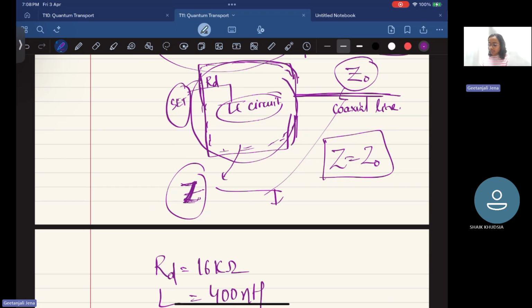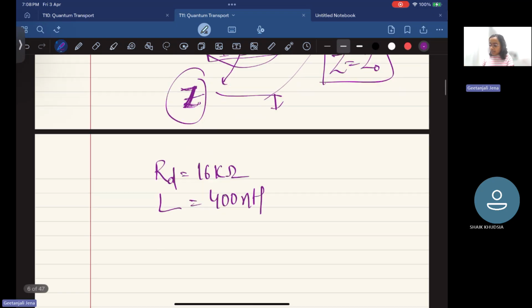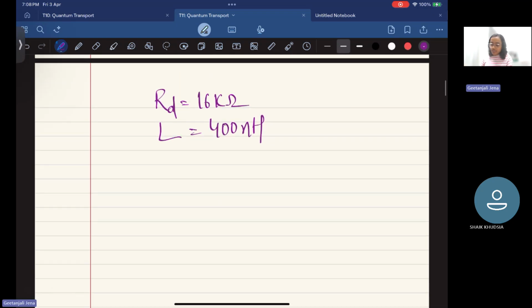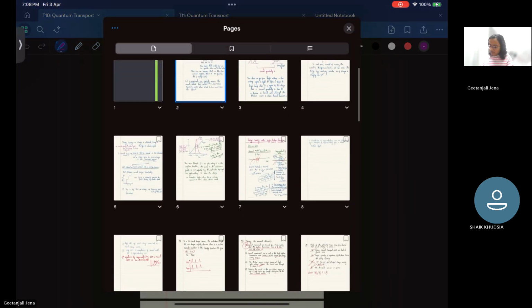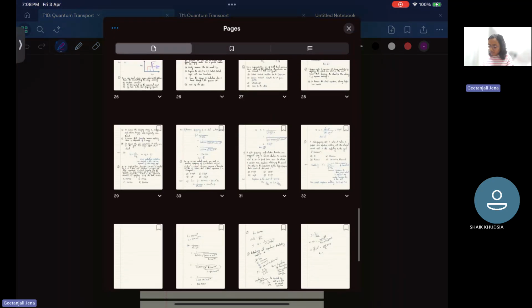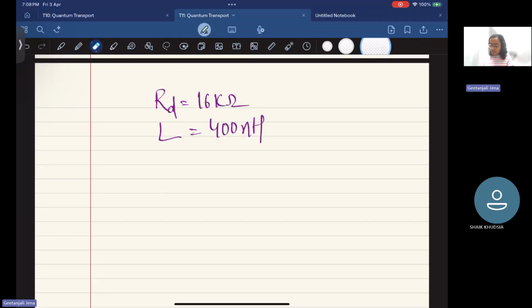For that, if you recall, this tank circuit has a complicated impedance relation.